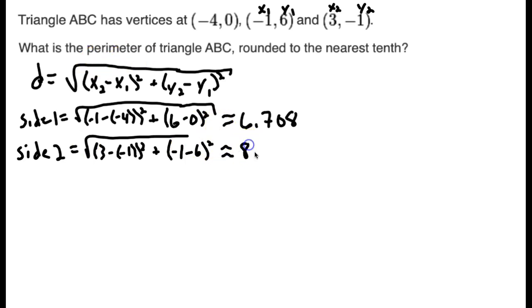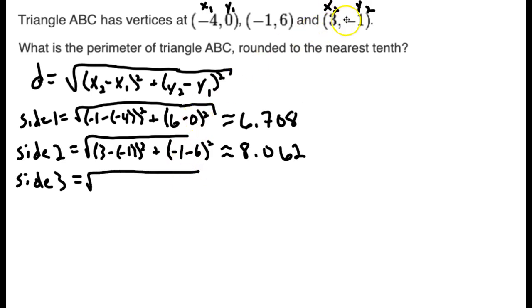8.062. And finally, the only combination of points that we haven't used yet is going to be the first point and the last point. So label those x1, y1, x2, y2, and plug these in.